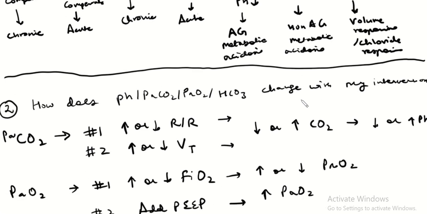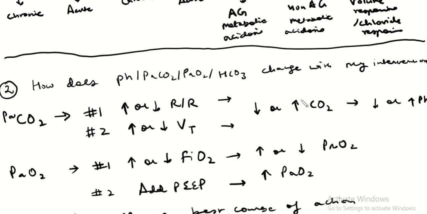The next thing that's really important is how the pH changes with my intervention. If we need to change PaCO2, I can go up or down on the respiratory rate or on the tidal volume. If I go up on the respiratory rate and/or the tidal volume, I go down on CO2 and vice versa.